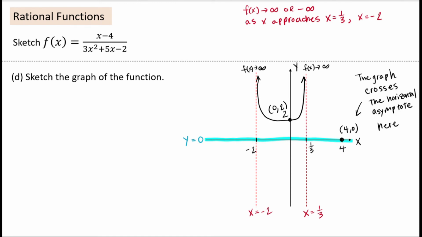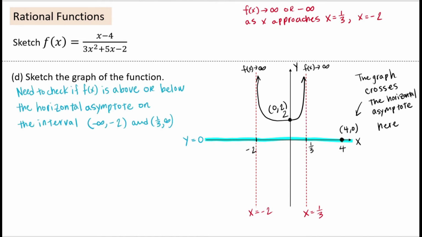In order to graph the function on the intervals from negative infinity to negative 2 and 1 over 3 to infinity, we need to know if the function is above or below the horizontal asymptote. Let's pick x is equal to 3. Then we have f of 3 is equal to (3 minus 4) over (3 times 3 squared plus 5 times 3 minus 2), which is negative 1 over 40.